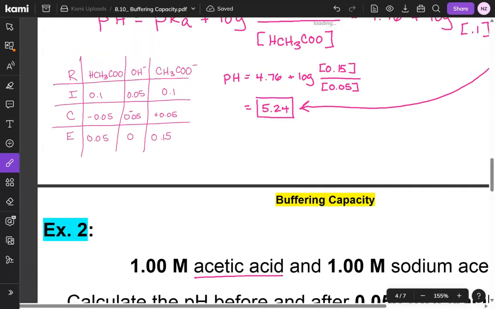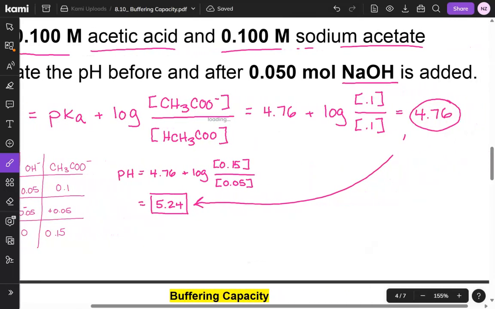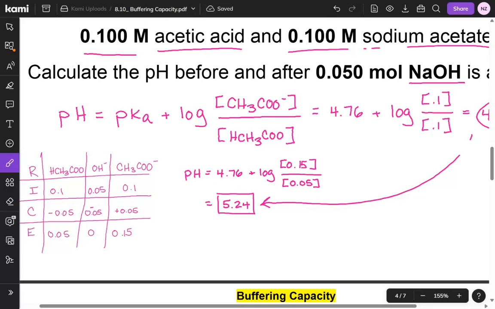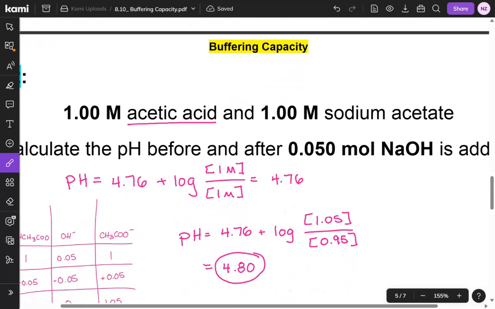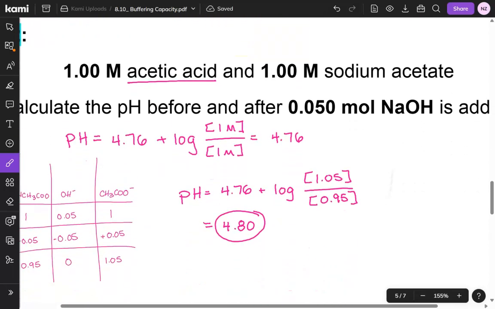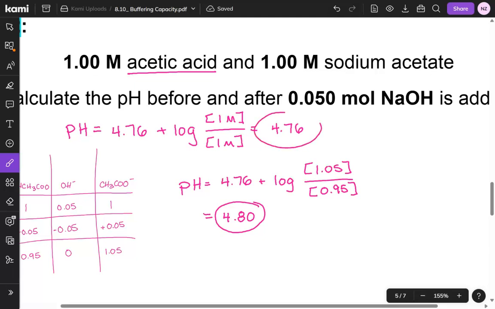So if you recall from our first example, our pH changed from 4.76 to 5.24, and that was when we were using 0.1 molar of our acid and our conjugate. When we used stronger concentrations, when we used 1 molar instead, notice our pH went from 4.76 but only went up to 4.8, so a very small change.